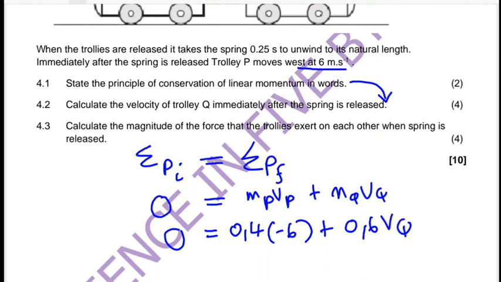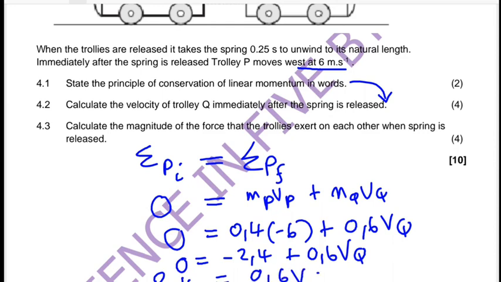So 0.4 times negative 6 is negative 2.4, plus 0.6 V_Q. Bringing the negative sign to this side, it becomes a positive 2.4, which is equal to 0.6 V_Q.